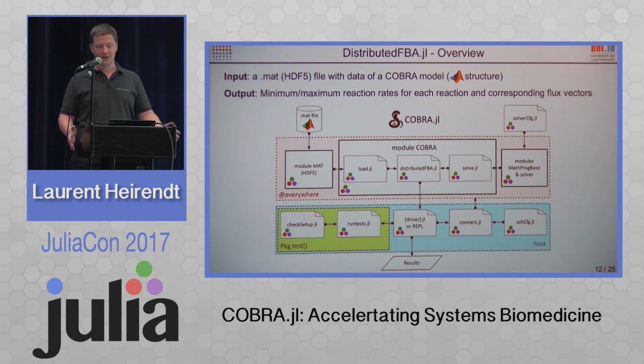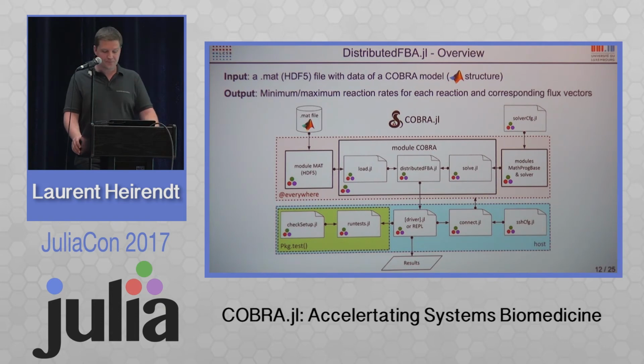Generally, biologists create a .mat file, a model stored in a .mat file that comes straight out of MATLAB, and they use it with the Cobra toolbox. So the idea was to be compatible with that: to get one of these .mat files, read it in, and then output the minimum and maximum reaction rates that are required to perform the flux variability analysis.